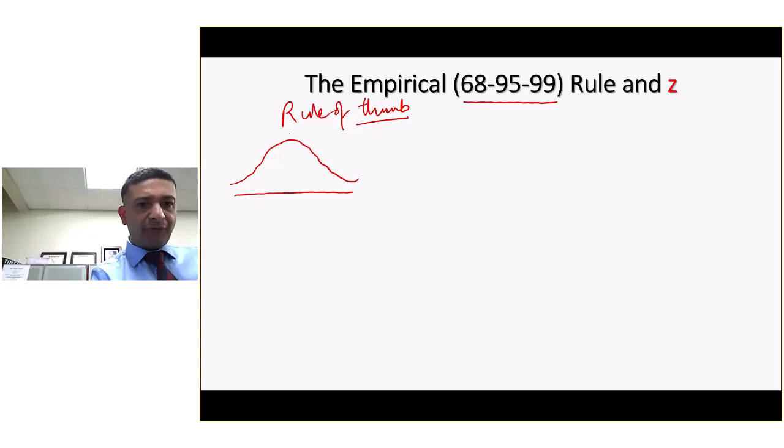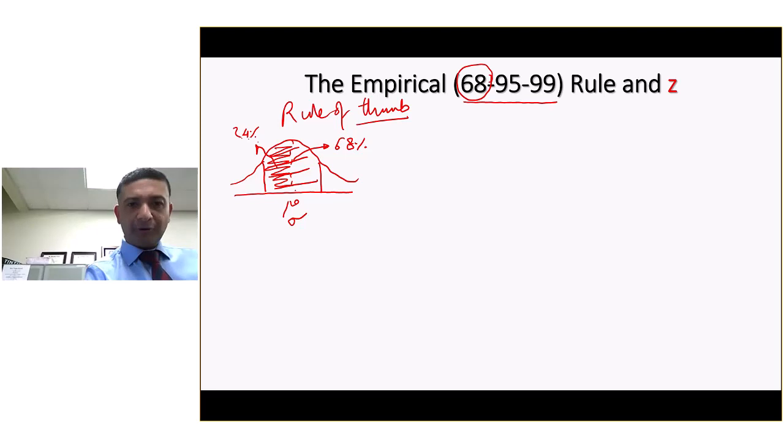If you have a data set that follows a normal distribution with a mean mu and a standard deviation of sigma, whatever those values are, and you take 68% of that data set centrally cut, meaning you are looking at this central cut, this is 68%, which basically means this half is 34%.